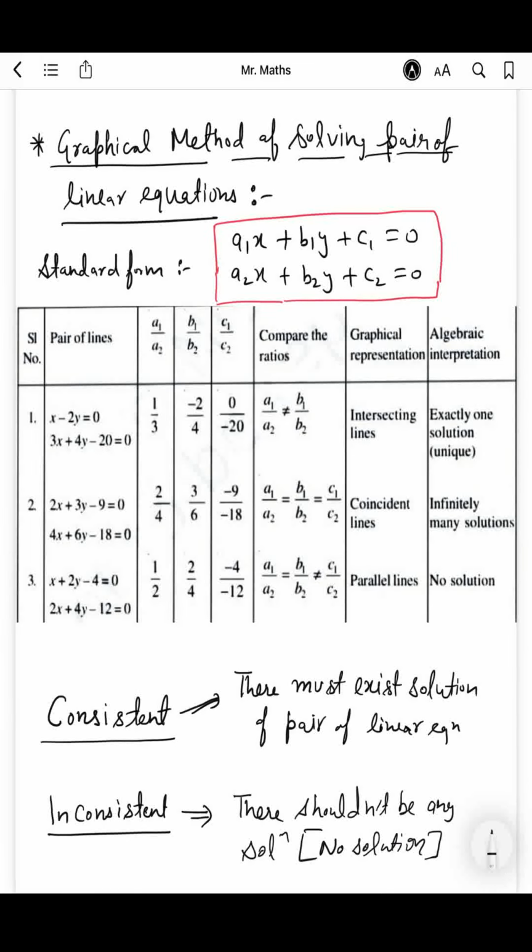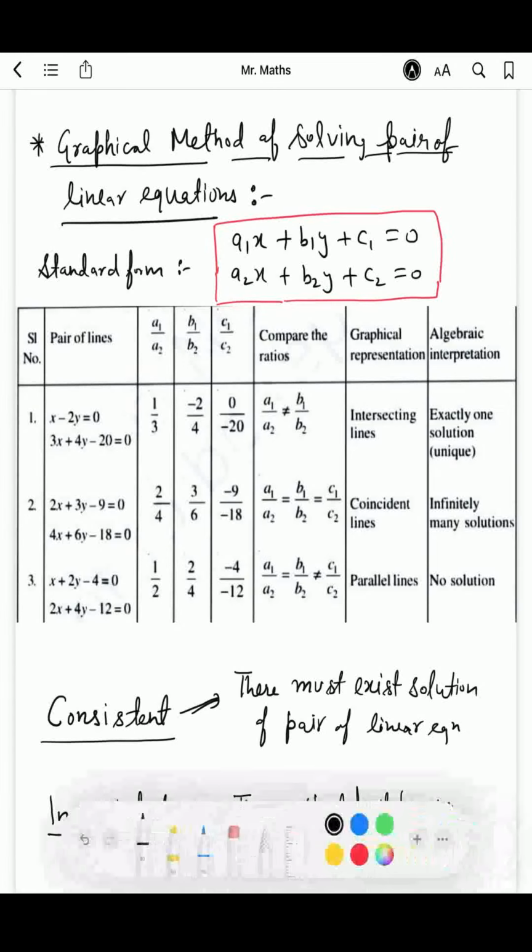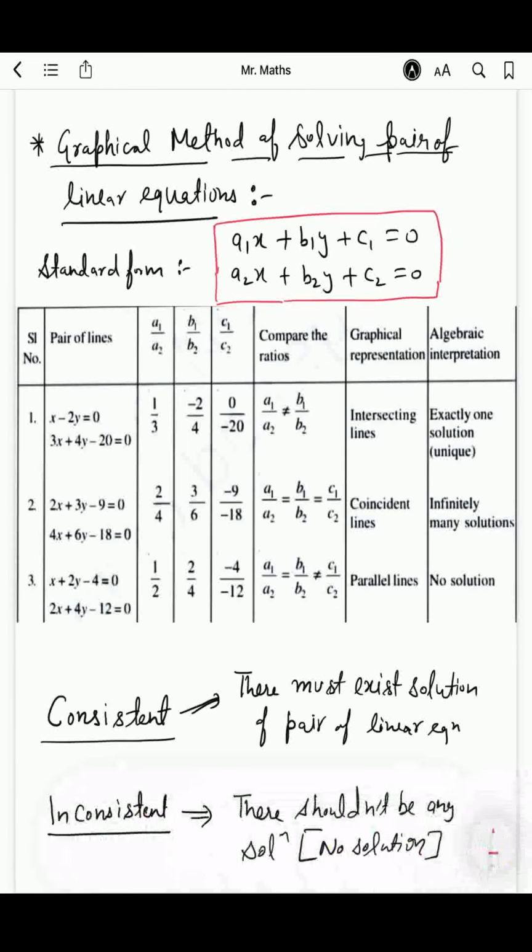So if you compare the algebraic interpretation and this consistent and inconsistent concept, you can easily infer that in the first case, when lines are intersecting and you have exactly one solution, then we can say it is consistent.